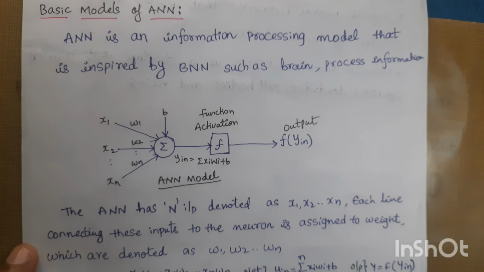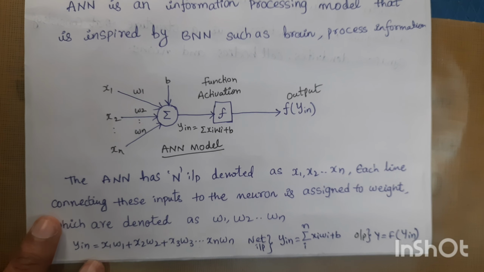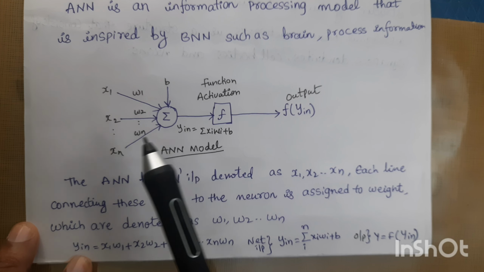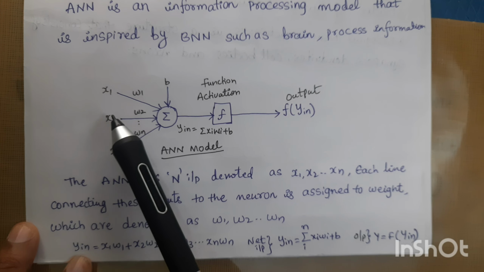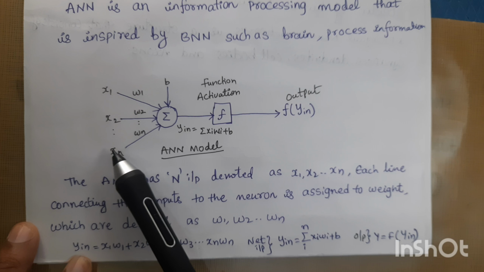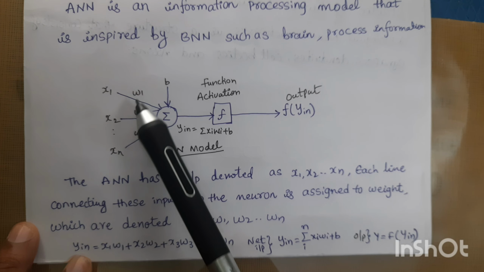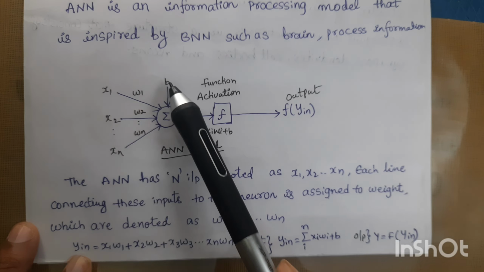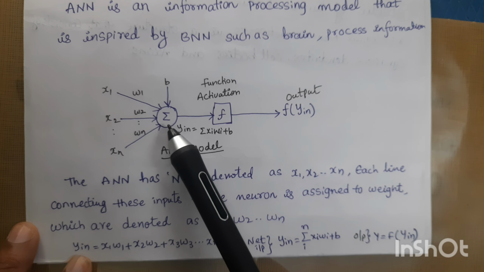Now you see here the basic model of ANN. So here x1, x2, xn are called input values. W1, W2, so on up to Wn are called weights. B is called bias.